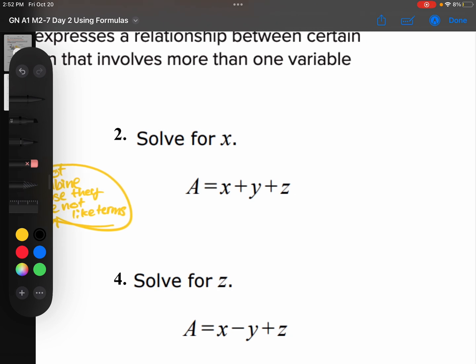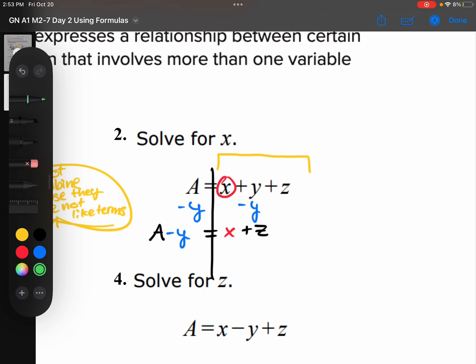So moving on to number 2, we need to solve for x. I'm going to circle x because I know that's what I need to get by itself. I'm looking at the side that x is on, and I know I'm going to have to get rid of a y. So I'm going to subtract y from both sides, and then I have a minus y equals x plus z.